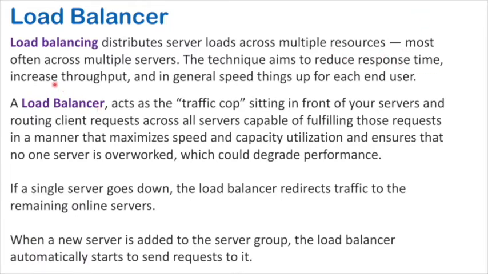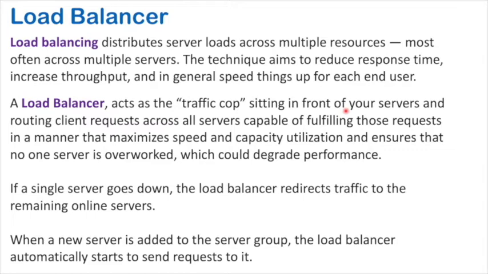It will also increase the throughput. As I said, the load balancer is the traffic cop. It sits in front of your servers, without knowing anything about the background, and diverts the traffic for the users.